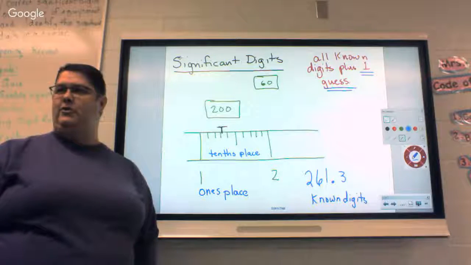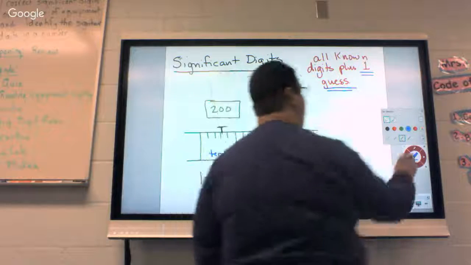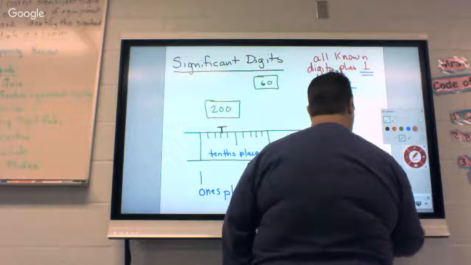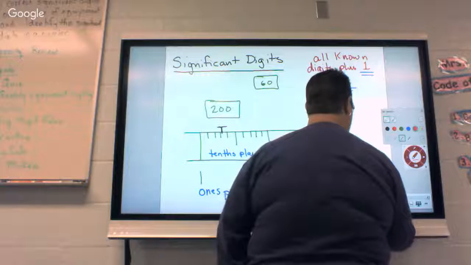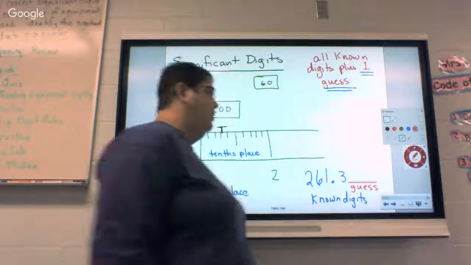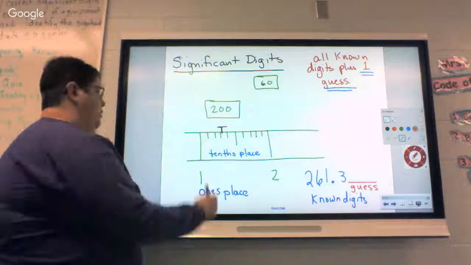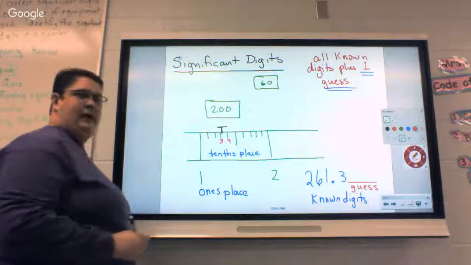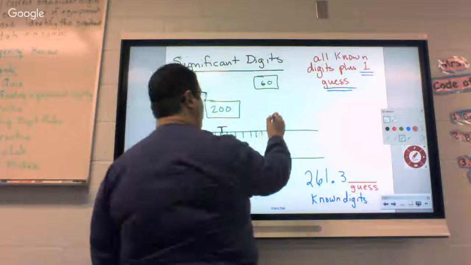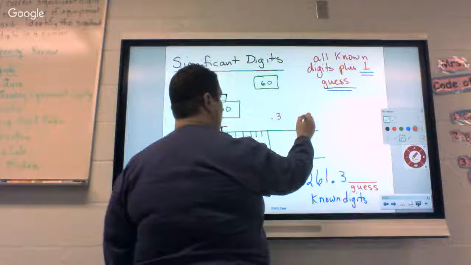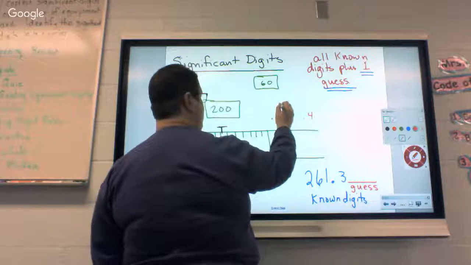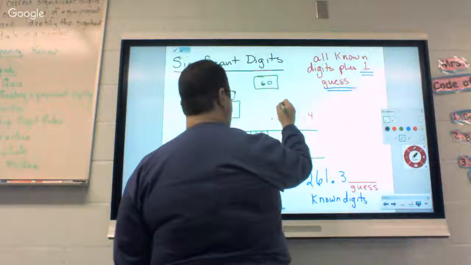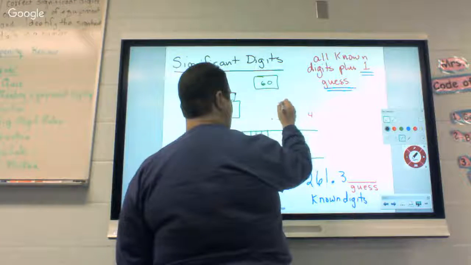Now, in chemistry class, I need the guess. You get a guess that goes here. So in your mind, you know this is 0.3 and that is 0.4, correct? So I want you to envision 0.3 and 0.4. And you can see that this is pointing at about here, right?